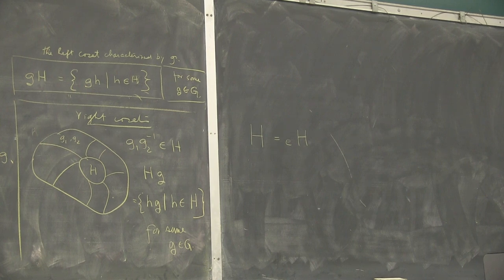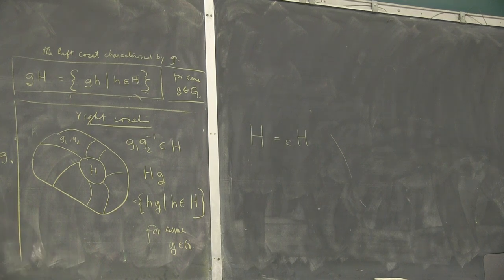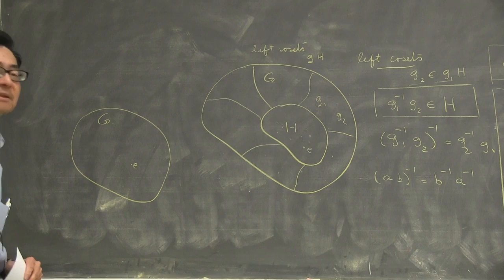Okay? Yeah? Does the identity within H have to be the same as the identity of G? Yes, because that's the definition of a subgroup. Let's say you're given a group, so there's this identity element in here.